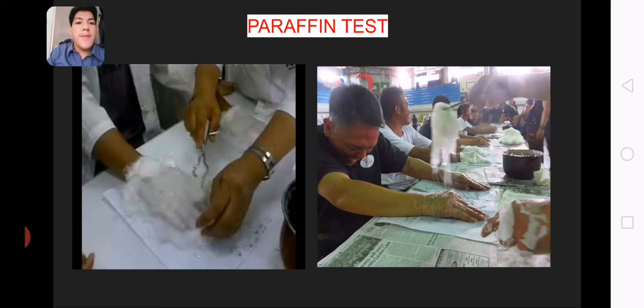Second is paraffin test. Shooting distance determinations are performed in an attempt to approximate the firearm muzzle to target distance range at the time of a shooting. Firearm discharge distance determination is possible because burned and unburned gunpowder particles, along with the bullet, are expelled from the muzzle, which impact clothing or other items.